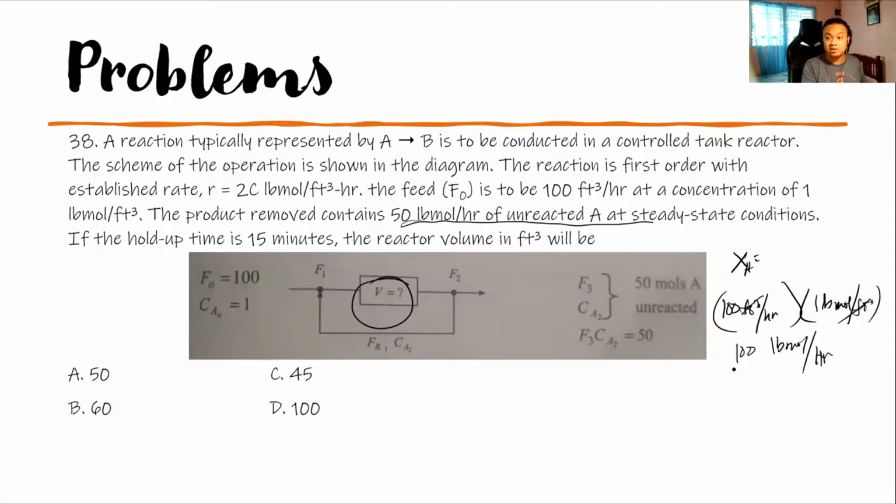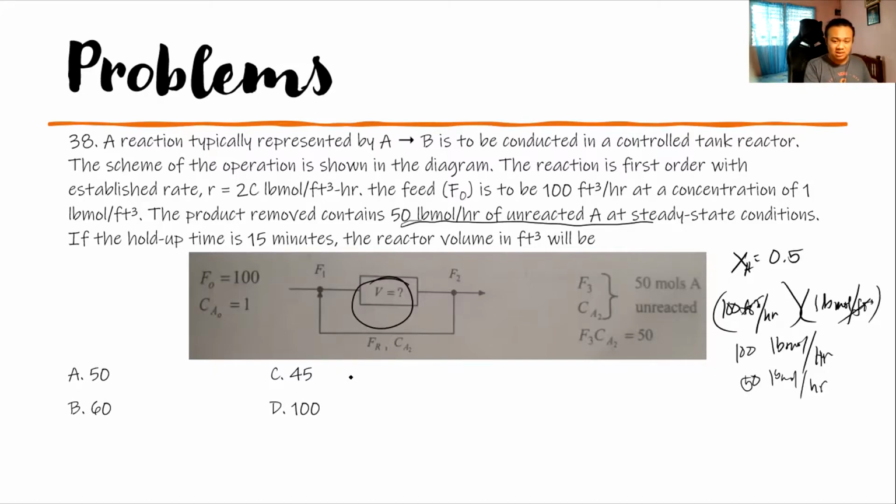And what came out is 50 pound mole per hour of unreacted A. So meaning, only half was converted. So the XA is 0.5. That's how I made sense of this when I was solving it, because it really has no use if we don't have common sense in this problem.